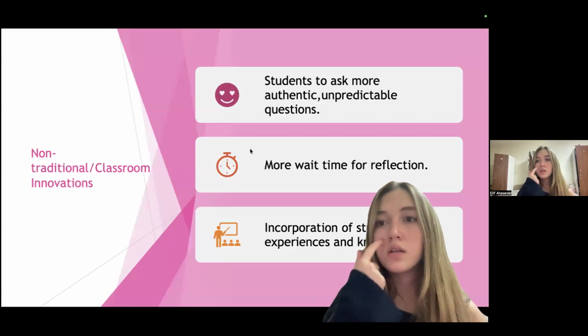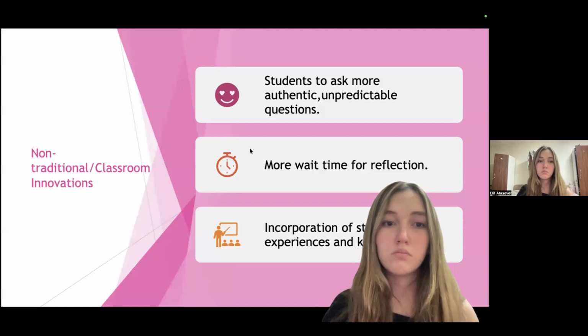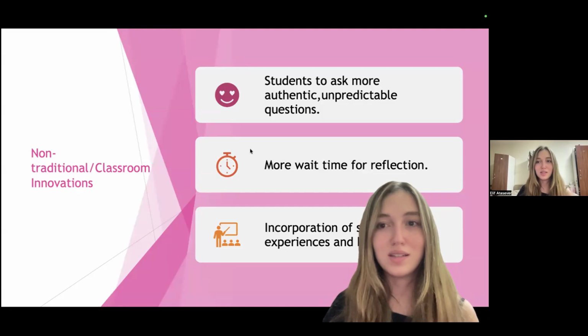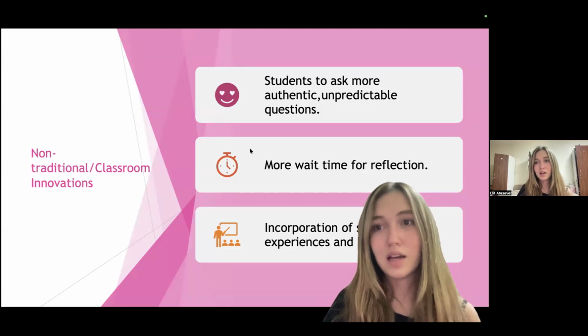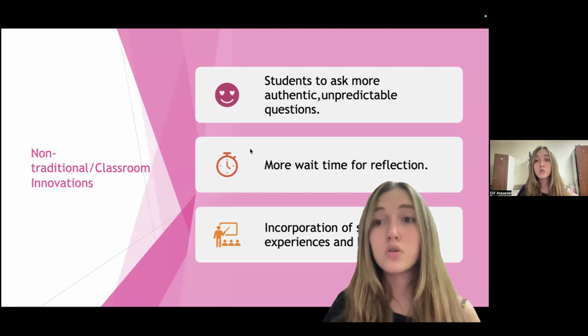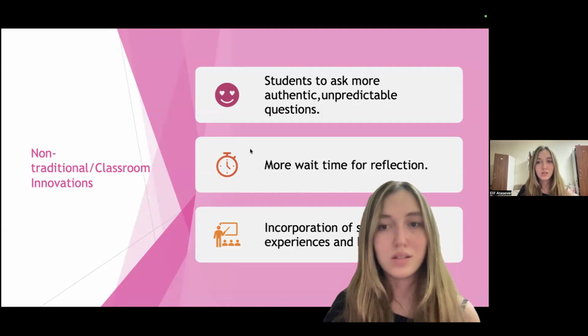And then we have the non-traditional ways and some innovations in classrooms. So there are a lot of benefits of that, and I support non-traditional ways of teaching actually. Like, okay, teacher-centered teaching is great to a certain level, but I think our students should be active in the classroom as well.